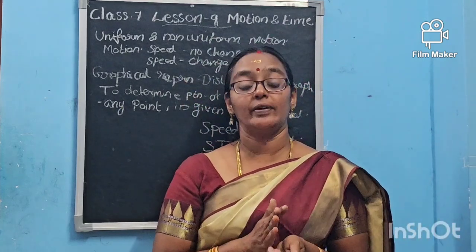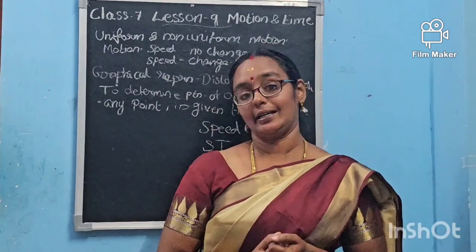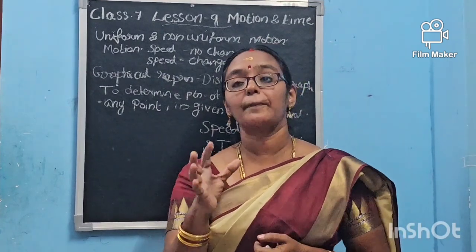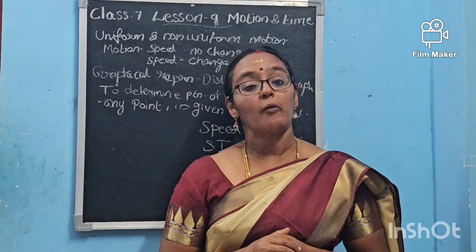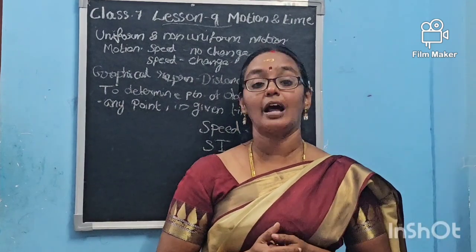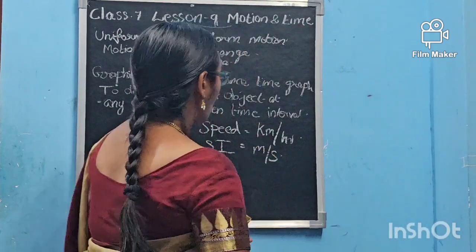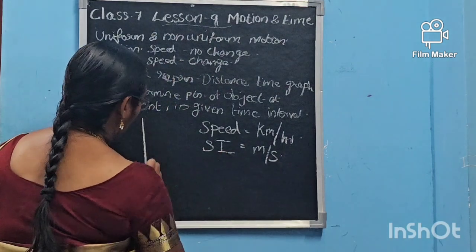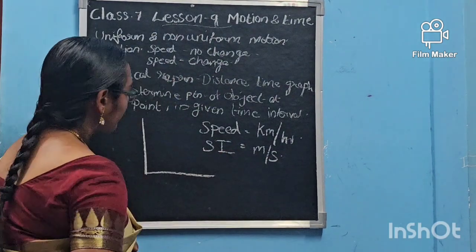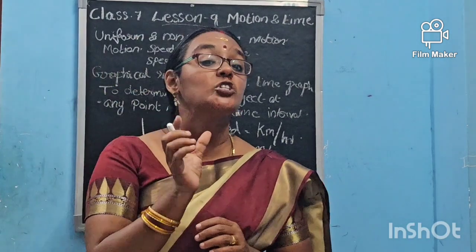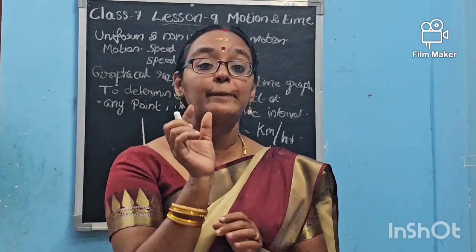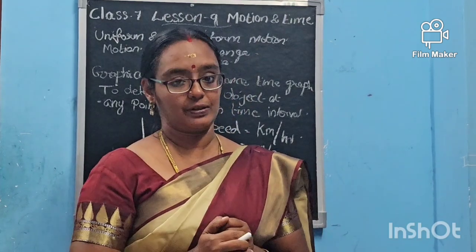Now how can we represent it quickly, easily? We can represent it very easily with the help of a graph. Graphical representation. Does the graphical representation help? Yes. It helps to determine the position of the object at any point within the time interval.